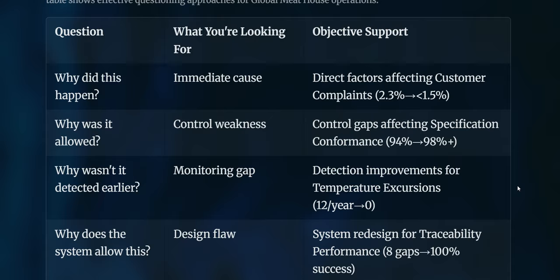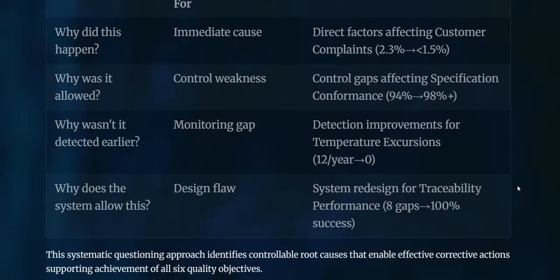What we are looking for is design flaw, to close the loop, and it will support the objective of system redesign for traceability performance to eliminate the 8 gaps. This systematic questioning approach identifies controllable root causes that enable effective corrective actions supporting achievement of all quality objectives.